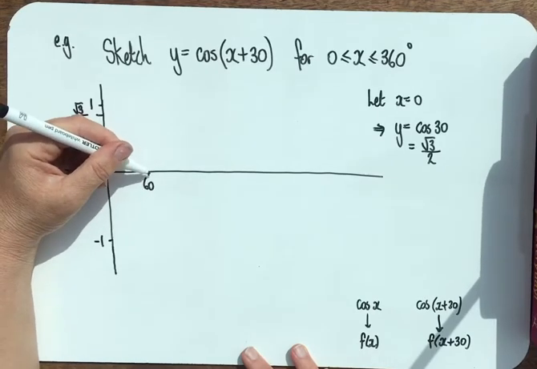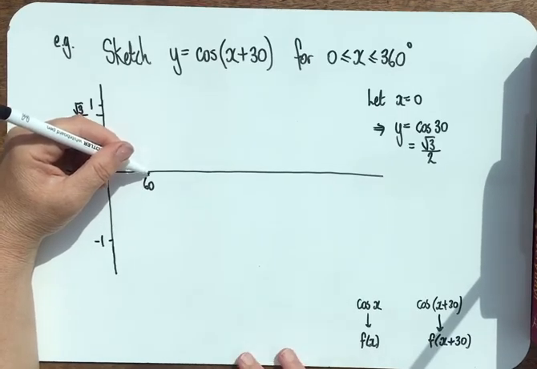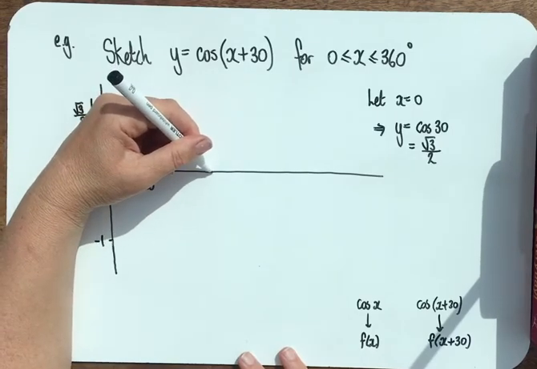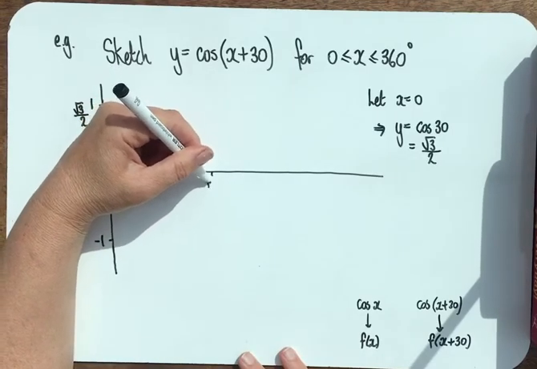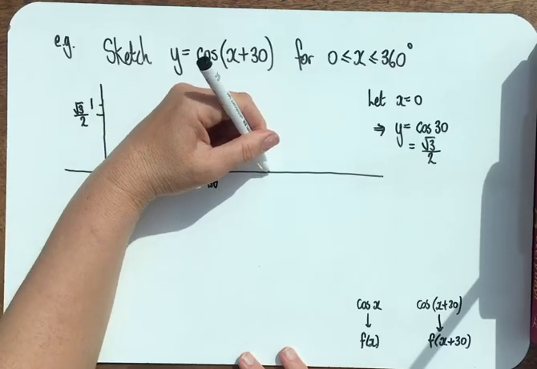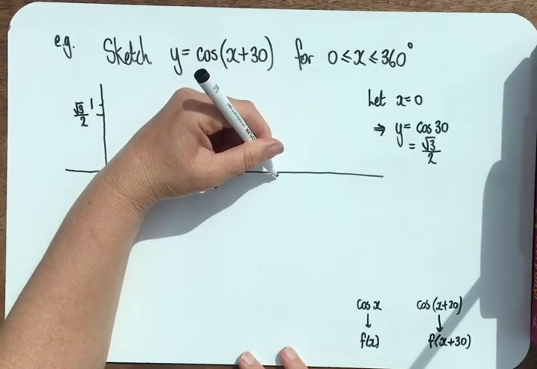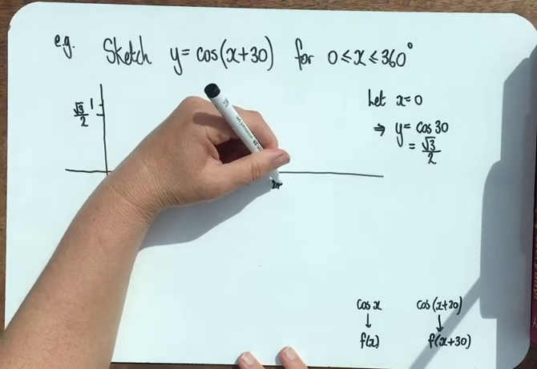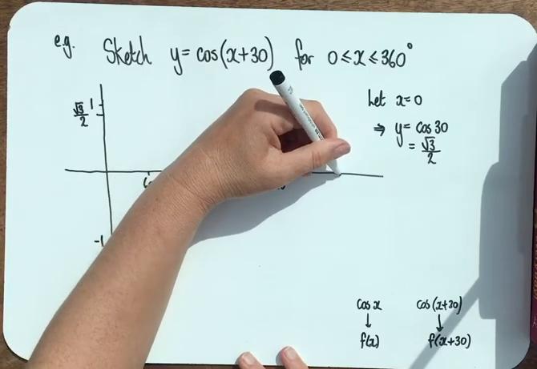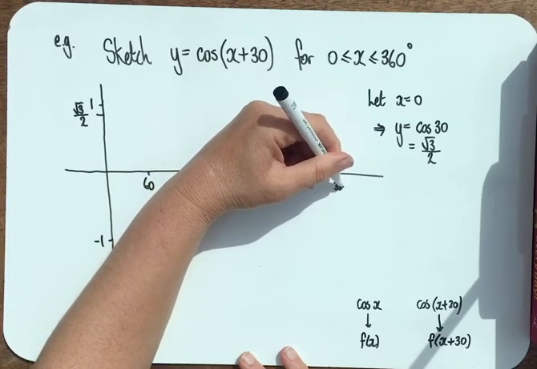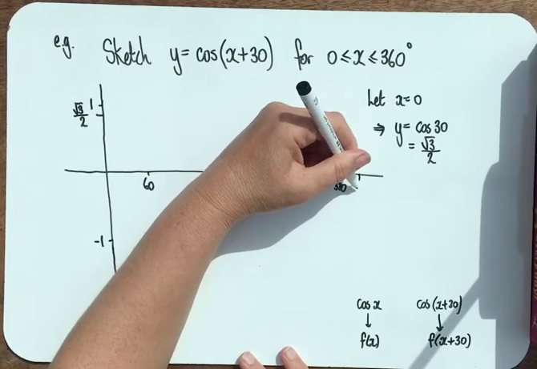And then every 90 degrees something will happen. So I can mark off 150, 240, 330, and then that's going to put 360 about there.